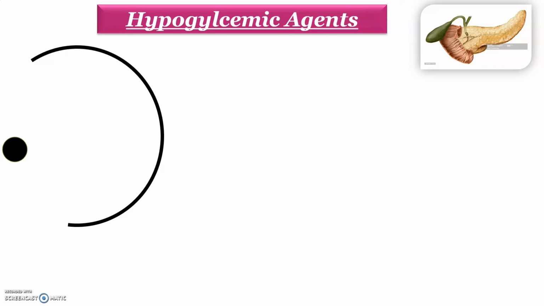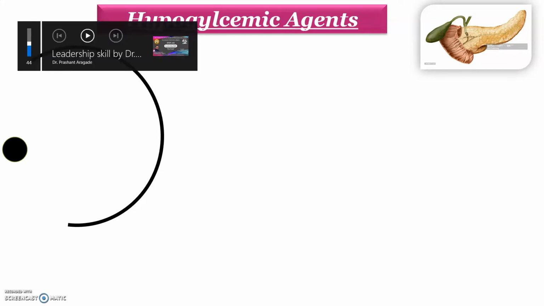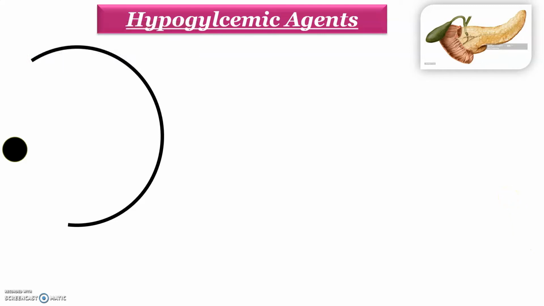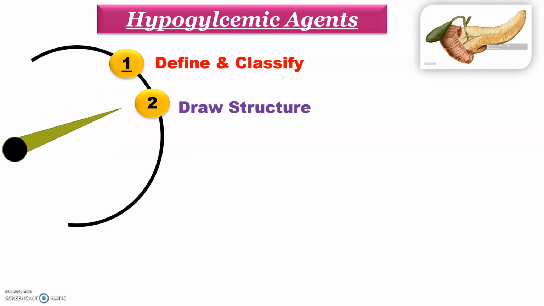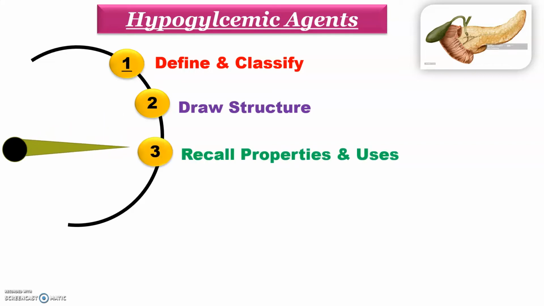So what are the different drugs used as oral hypoglycemic agents, and what are the outcomes of today's topic? Let us discuss one by one. First, define and classify hypoglycemic agents. Second, draw the structures with their chemical names. Third, recall the properties and uses of different hypoglycemic agents.